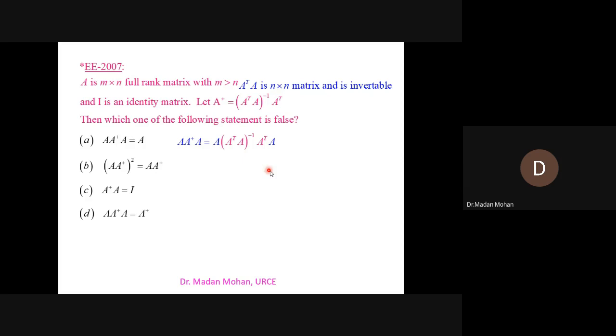Now, because of associative property, you can easily observe this is A into I, that is A. Please observe how I am getting: this is A, and you can think of A transpose A as B. B inverse into B is I. Therefore, A I is A. Therefore, the first one is right.